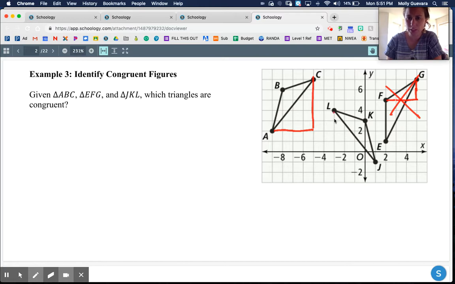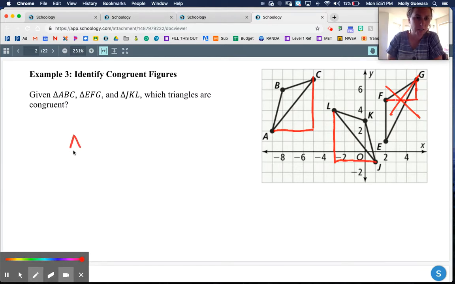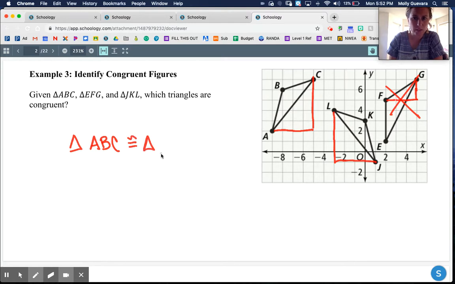And from L to J, I go 1, 2, 3, 4, 5, 1, 2, 3, 4. So since my ratios are all the same, I can say that triangle ABC is congruent to triangle JKL.